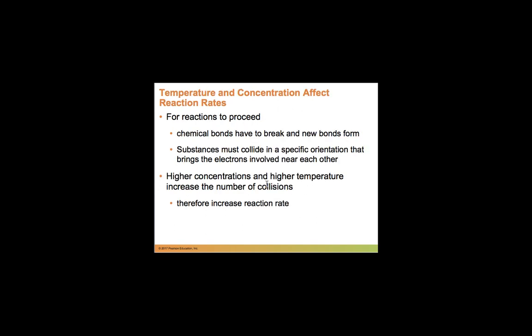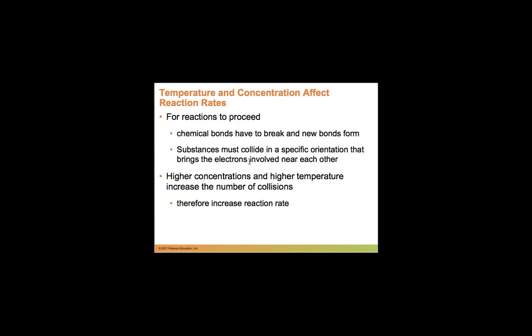So let's talk about temperature and how concentration can impact the rate of a reaction. In order for a reaction to take place, you're going to have to break bonds, right? Break the existing bonds as well as make new bonds. In order to break and form new bonds, your substances have to collide in a very specific orientation. Why?